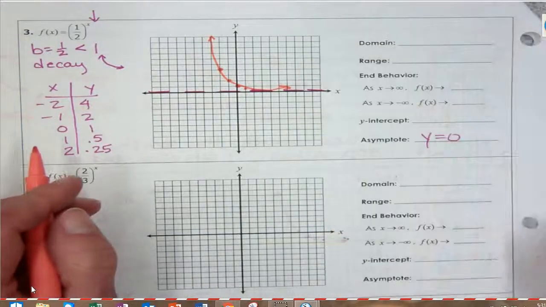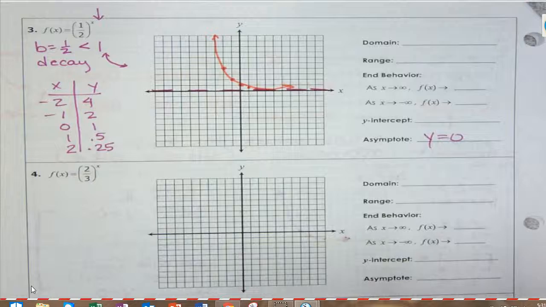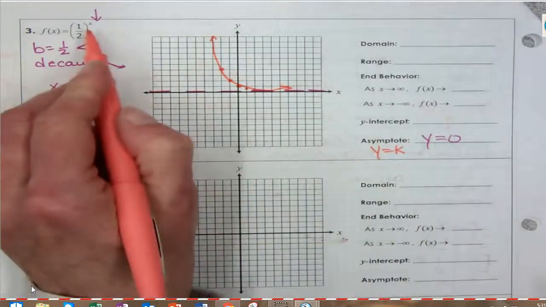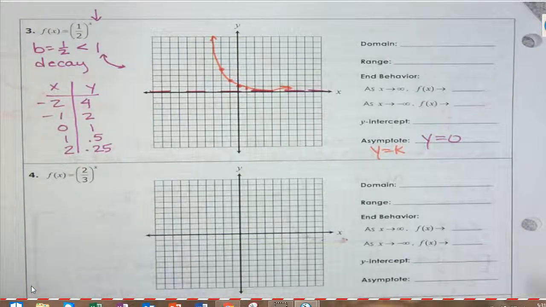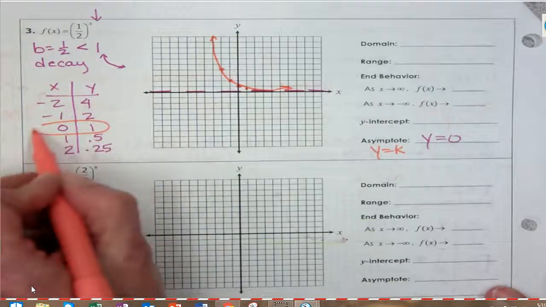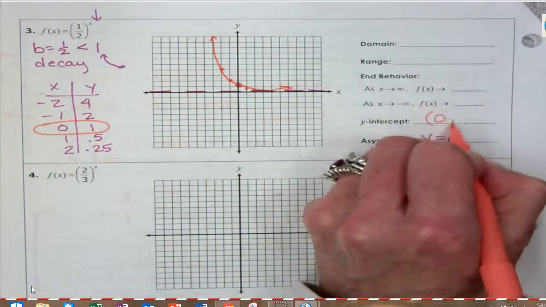It's never ever going to cross that 0 line because that's where my asymptote is. Y equals k. There's no k adding or subtracting. So the y-intercept is where it crosses the y-axis. 0, 1.